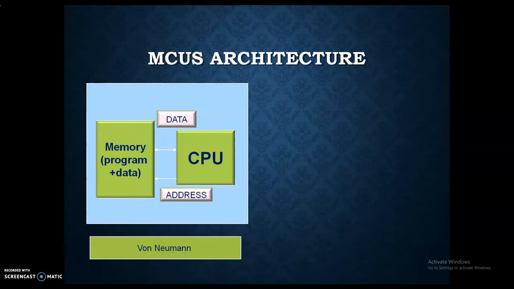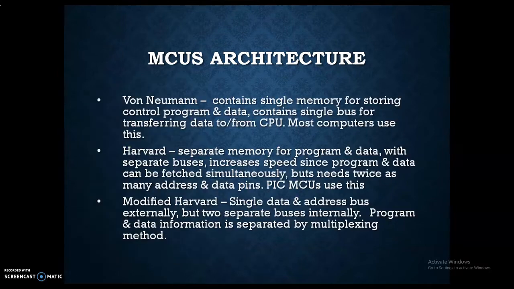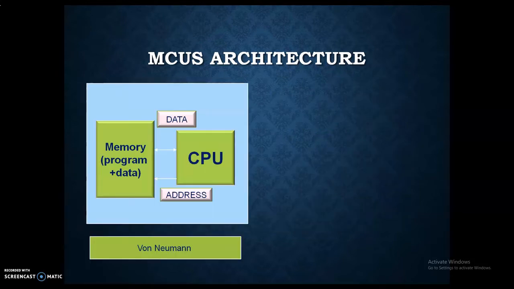You can see the program memory and the data memory are associated with the CPU. Here, the von Neumann contains a single memory for storing control program and data. It contains a single bus for transferring data to or from the CPU. Most computers use this kind of architecture.